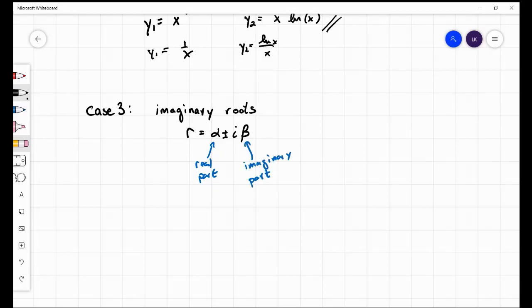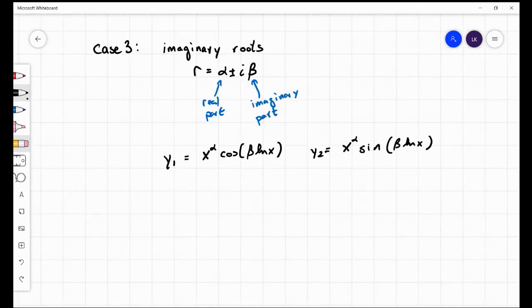Then your fundamental solution set would look like this: y1 is x to the alpha times, say, cosine of beta times log x, and y2 would be x to the alpha and then sine of beta log x. Okay, so that looks strange, but we will derive why this works after the examples, once we go through the 3 cases. So here's an example.